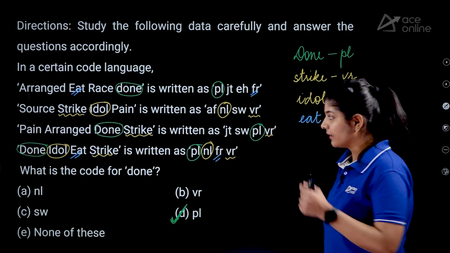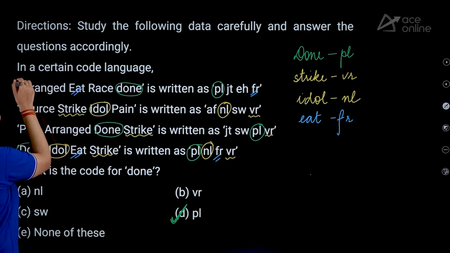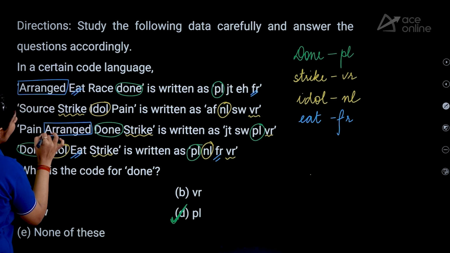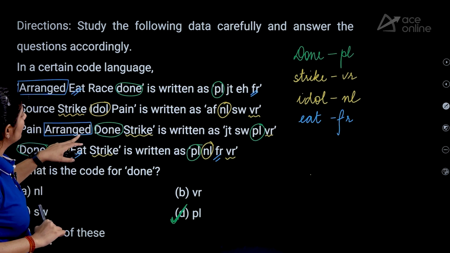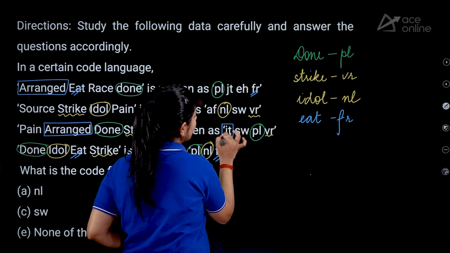Now, in this one, we have the word arranged, and in this line also, we have the word arranged. So the common code that we are having over here is JTSW. So JT is the common one.